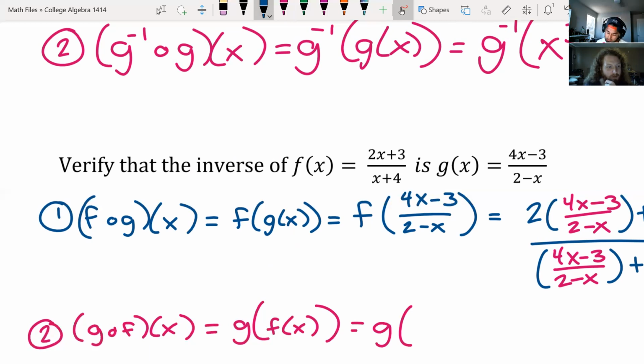You get g of (2x plus 3) over (x plus 4). Why not? Bam.